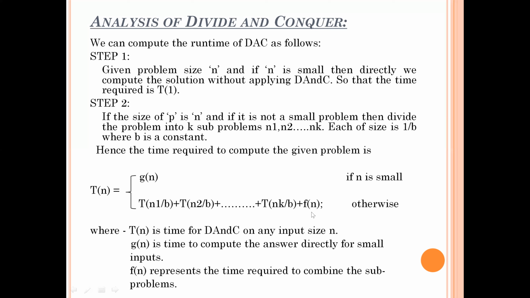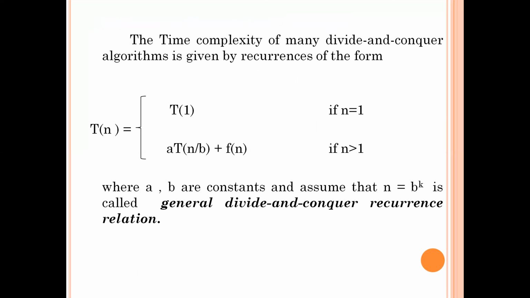Next, f of n is the time required to combine the subproblems. You got the solutions here, and f of n is another function which gives the time required to combine all the subproblems. So this is the general analysis of the divide and conquer technique.